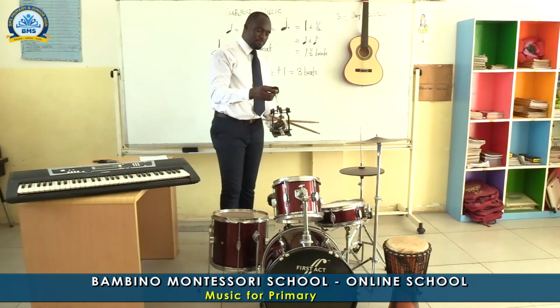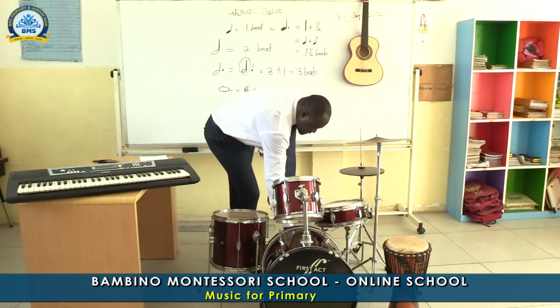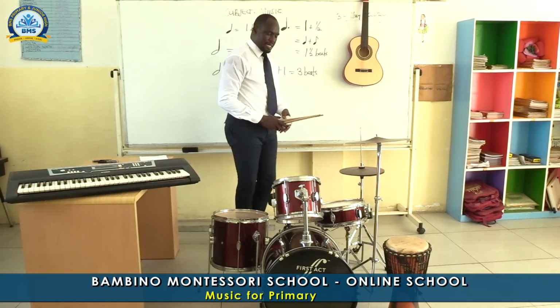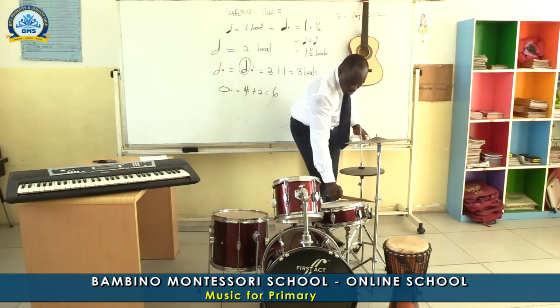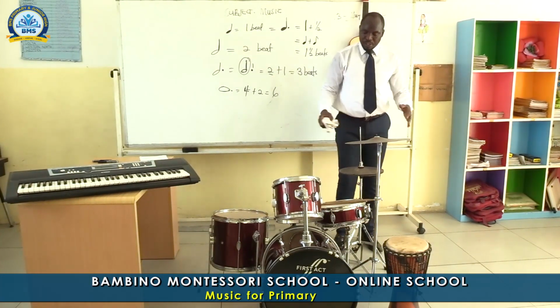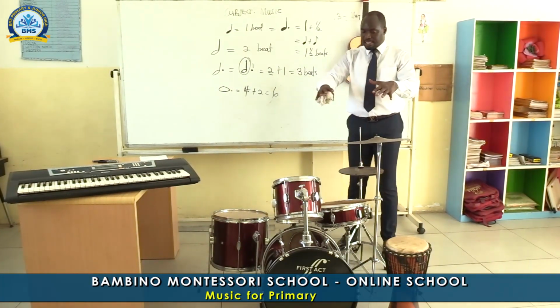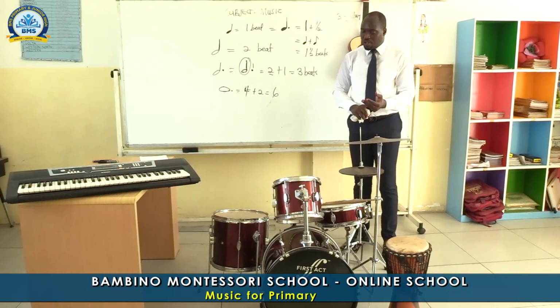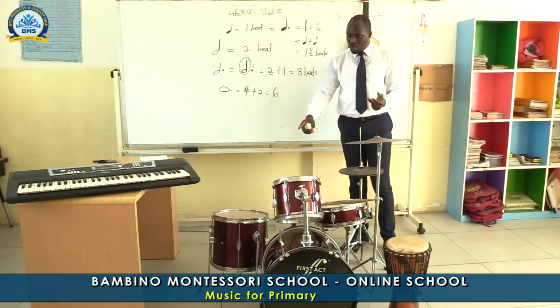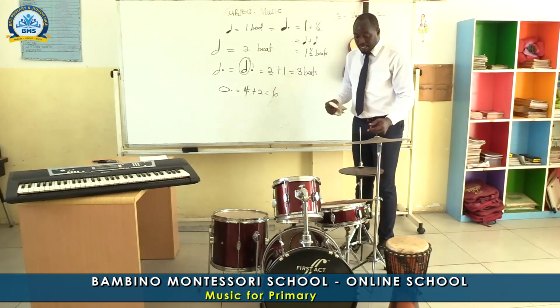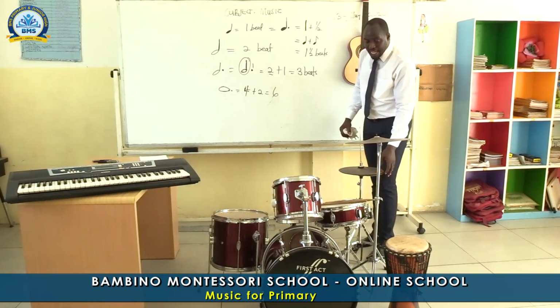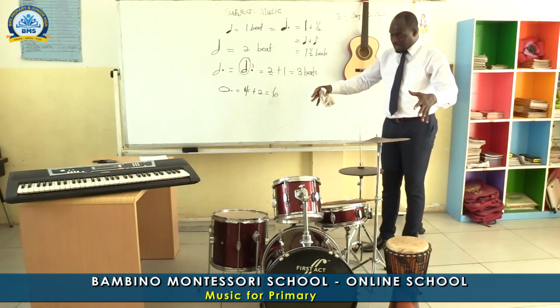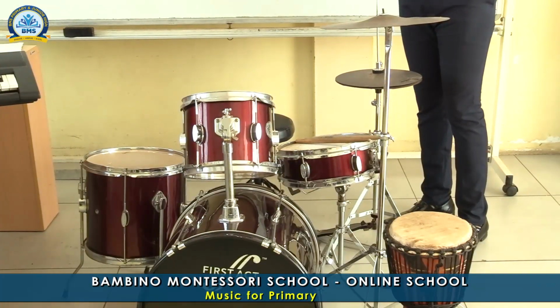You put your leg on it and hit it against the bass drum. So this put together is called a set of what? Drums. The bass drum, the tom, the side drum or tenor drum, the snare drum, the hi-hats and the cymbals put together is called a set of drums.